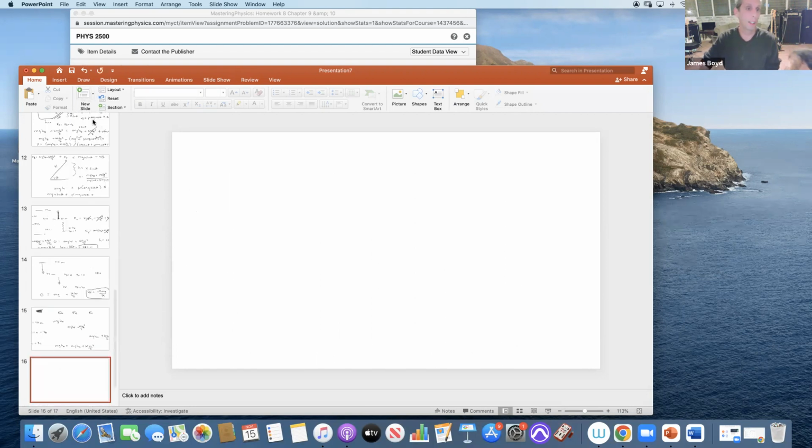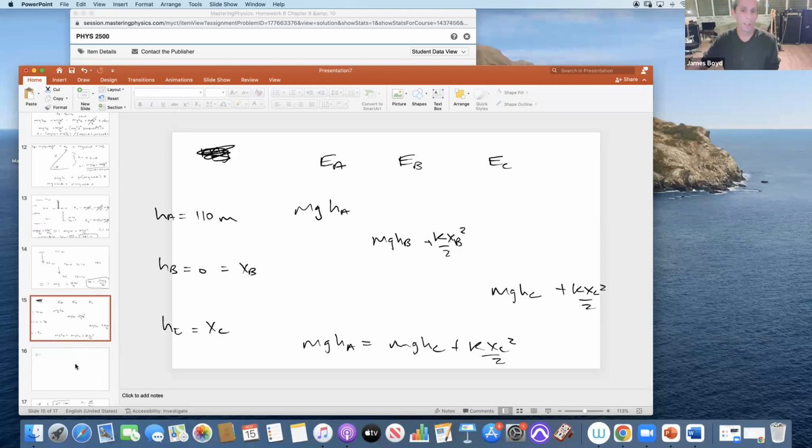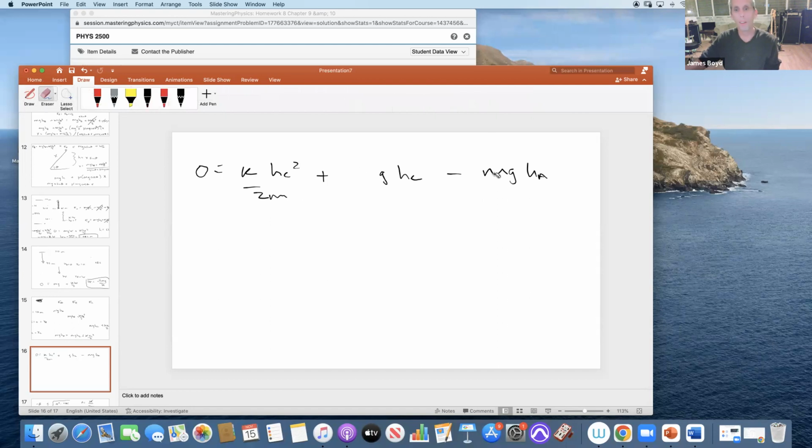So yeah, this becomes 0 is k HC squared over 2 plus mg HC minus mg HA. And if I multiply through by m, I can get rid of all these.